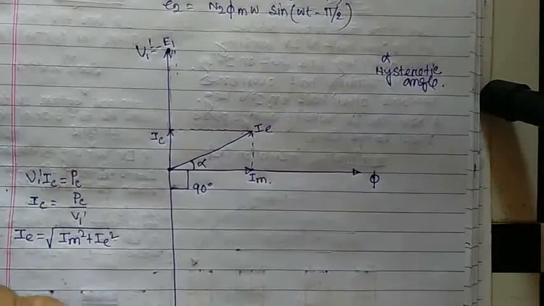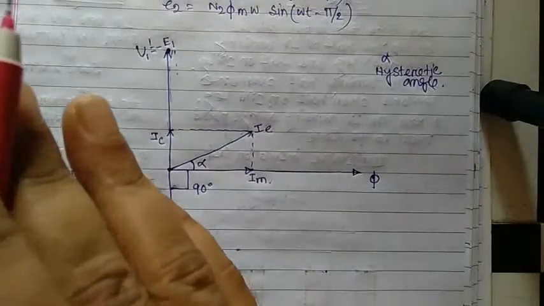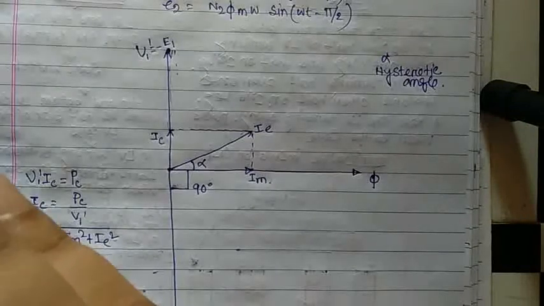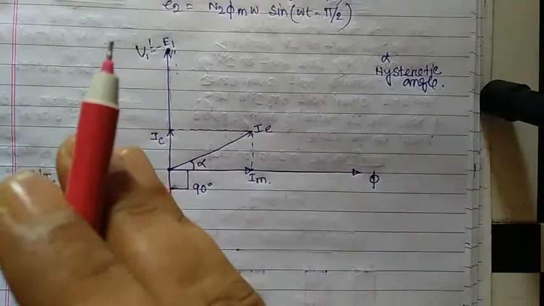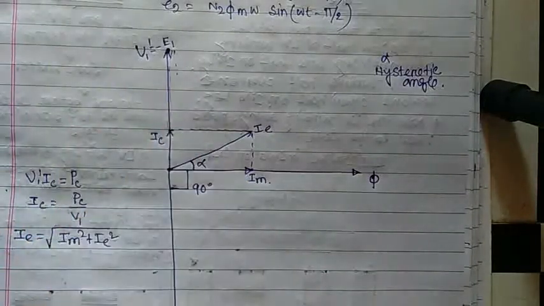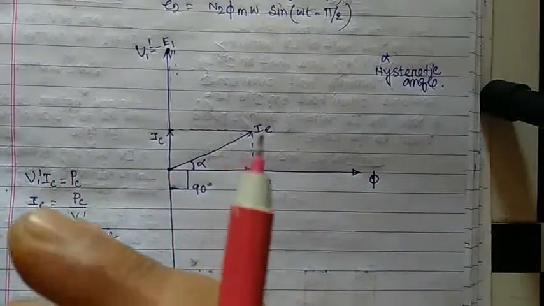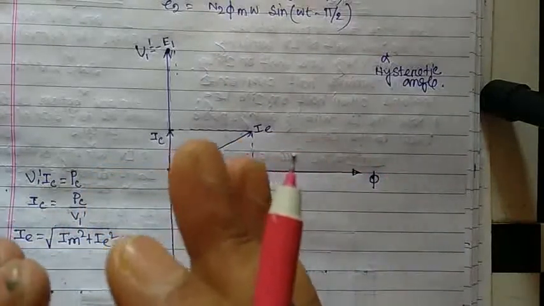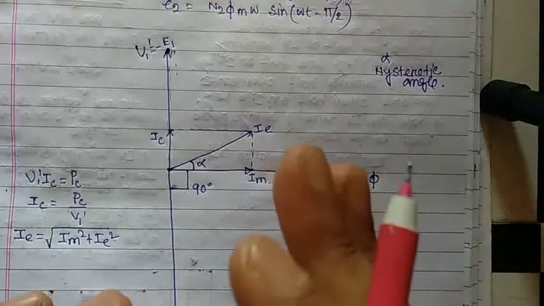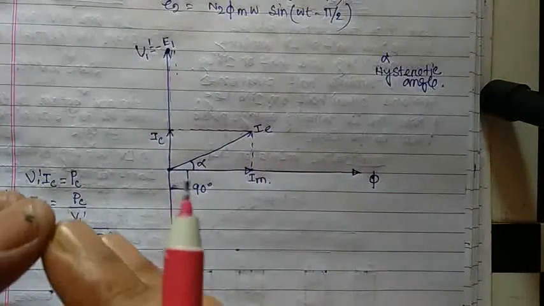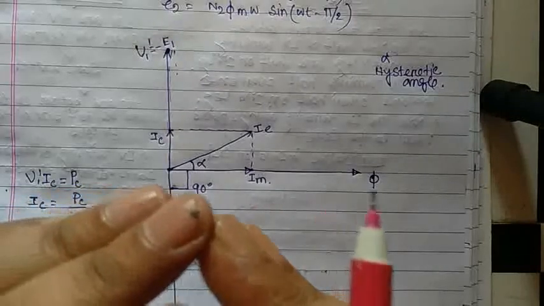Now the primary circuit has a primary resistive drop as well as a primary reactive drop. Here I take that the transformer runs at no load condition.